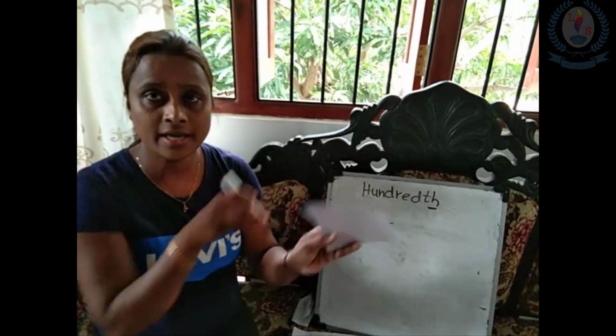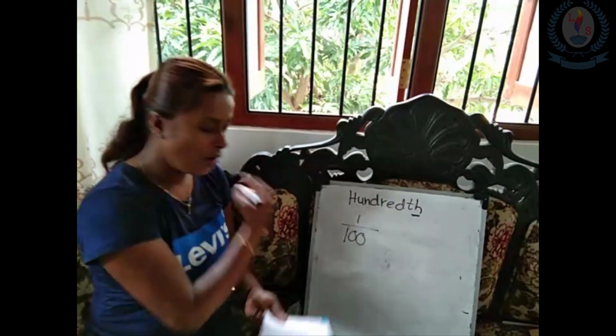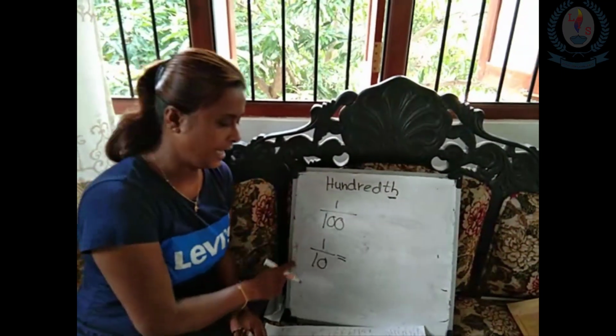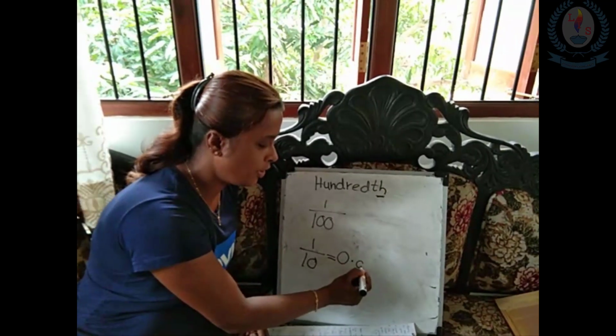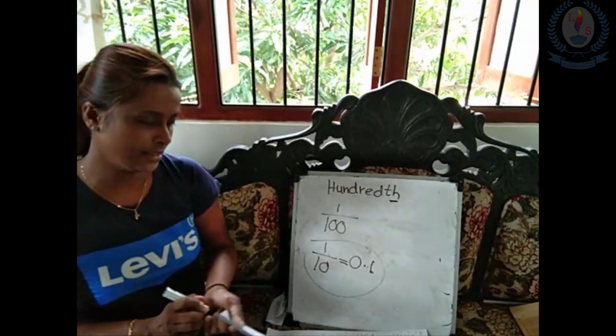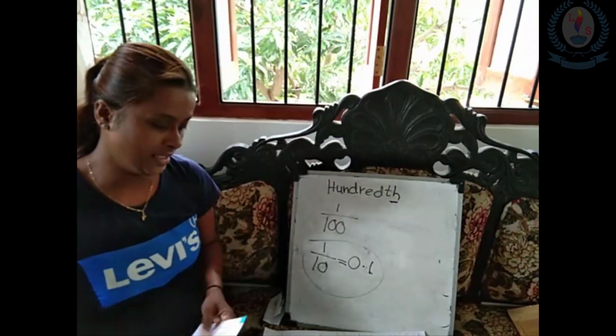Now let's try to write this as a decimal. Do you remember how we wrote 1/10 as a decimal? 1/10 we wrote as 0.1.